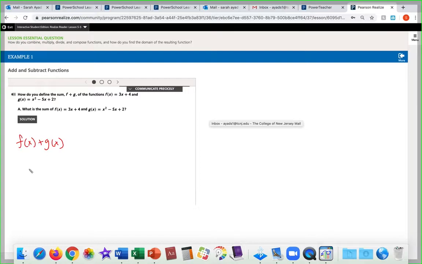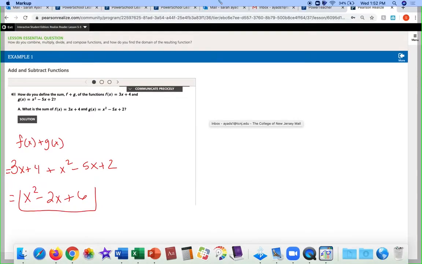Well, if f of x is 3x plus 4, and I'm going to add g of x, x squared minus 5x plus 2, all I have to do here is combine like terms. So I have x squared, 3x minus 5x, minus 2x, 4 plus 2, 6. And we are done. That's f plus g. Easy enough?